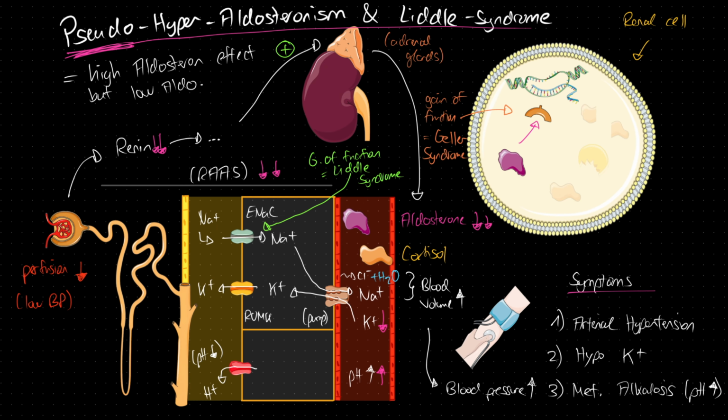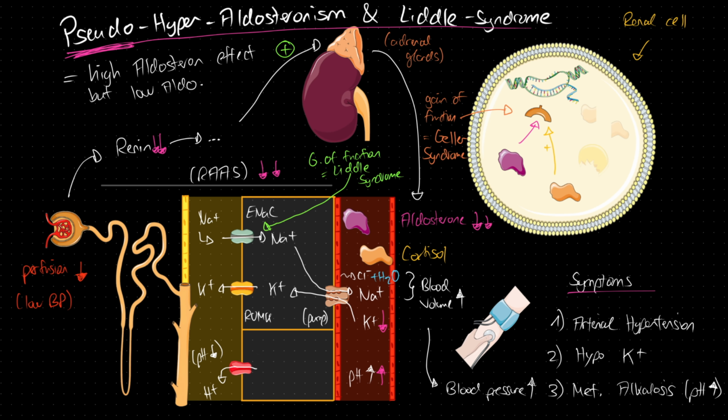Aldosterone and cortisol actually look very similar chemically, and in fact cortisol can also diffuse into cells, and what then happens is it can actually bind, even under normal physiological conditions, to the mineralocorticoid receptor, which is actually meant for aldosterone, and lead to an activation of it.